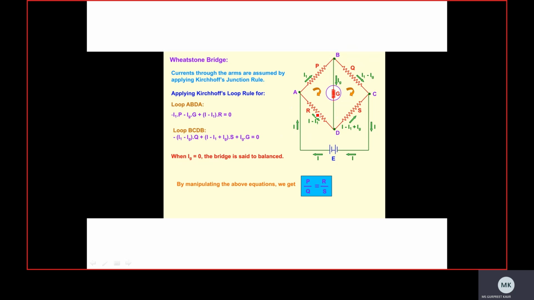The current flowing towards the junction is I minus I1 and Ig, so the same amount of current will be leaving the junction. So the current leaving the junction will be I minus I1 plus Ig. So at point C, what is the current coming towards the junction? I1 minus Ig. And from here, the current coming towards the junction is I minus I1 plus Ig.